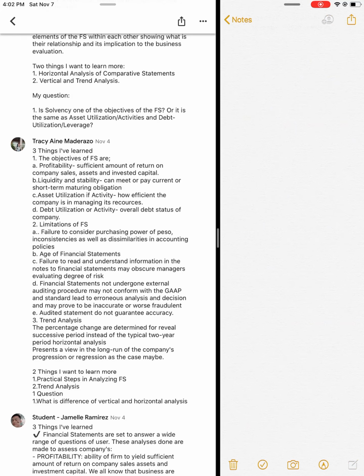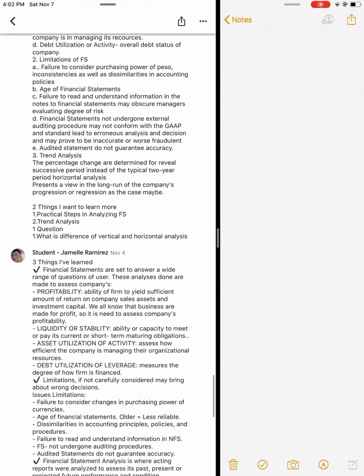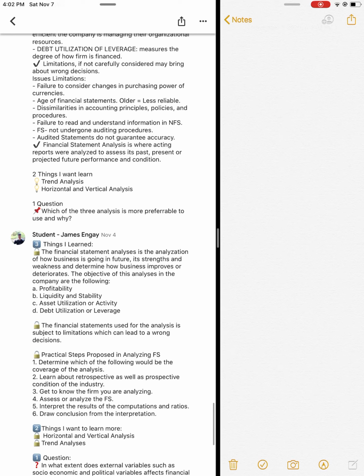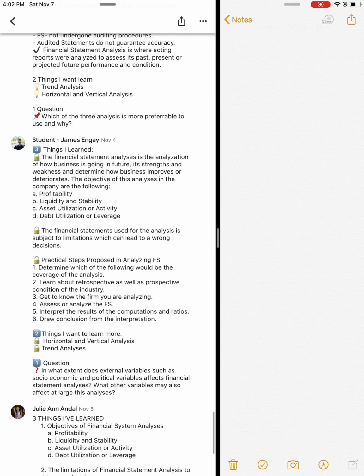Question from Tracy. What is the difference of vertical and horizontal? Answered already. Jamil. Which is preferable to use? It depends on your need. James. To what extent do external variables such as socioeconomic and political variables affect financial statement analysis? What other variables may also affect at large this analysis?